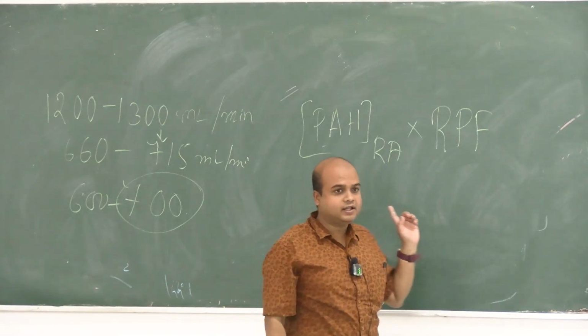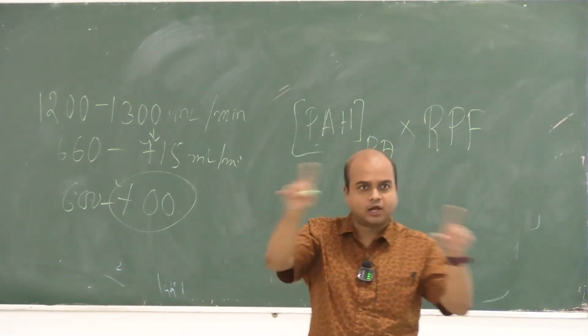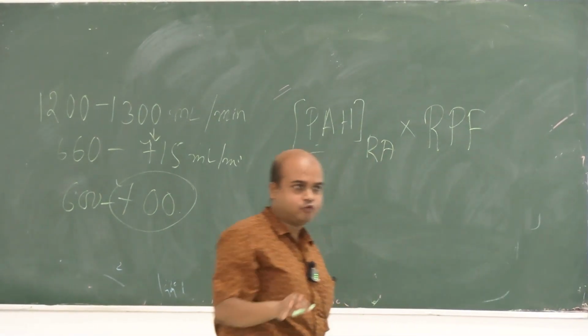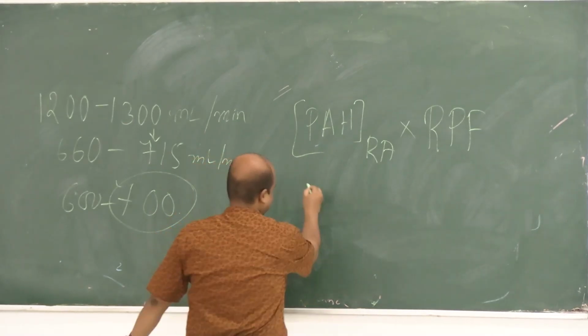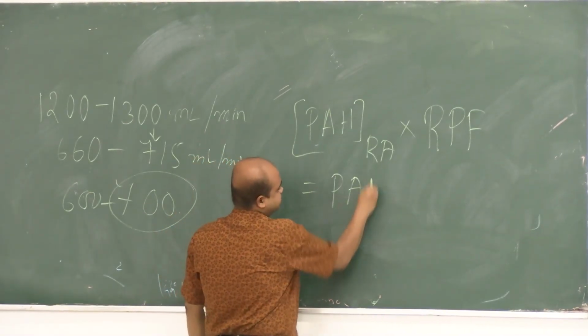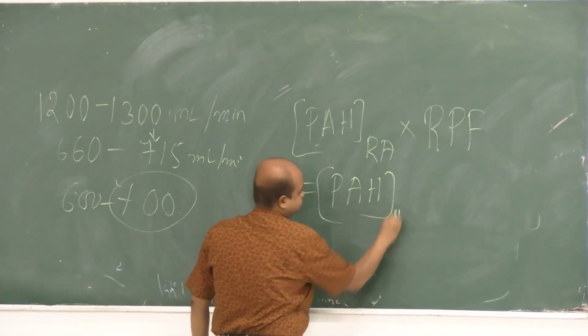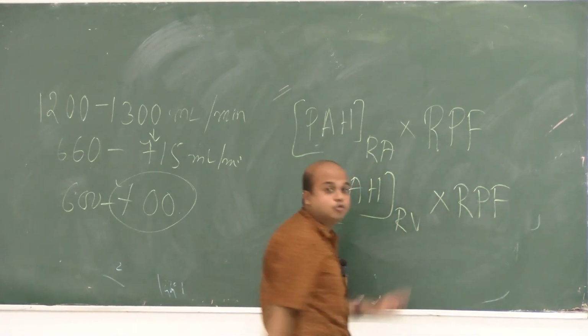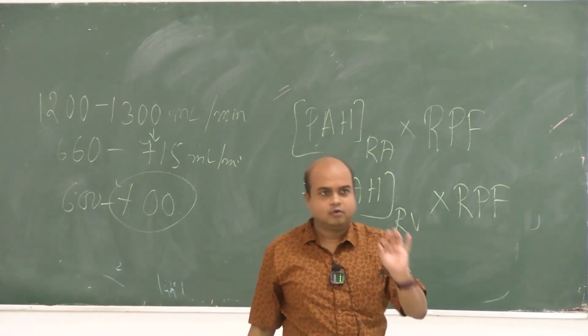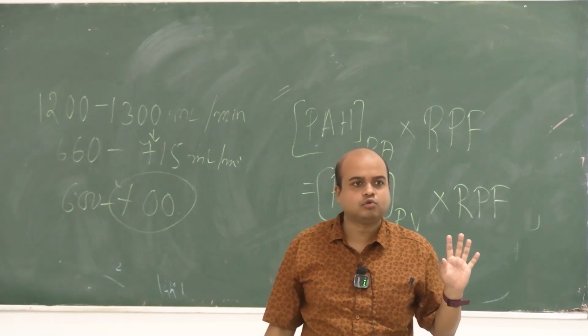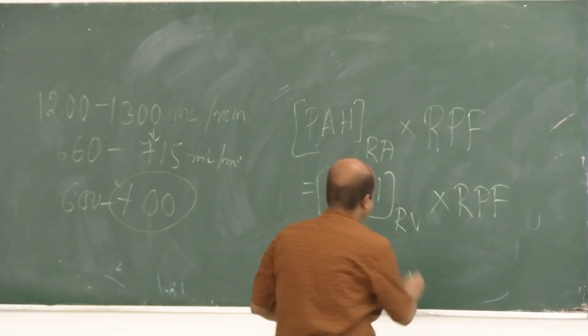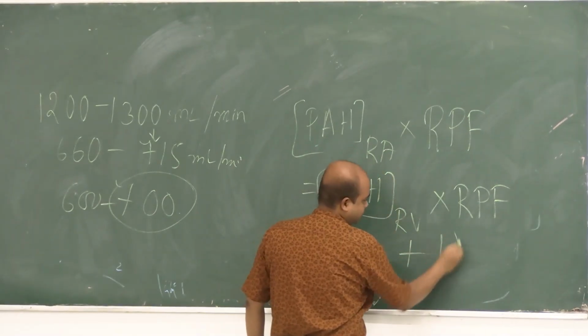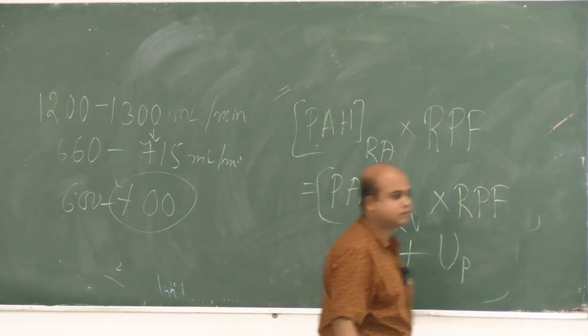Now here we are not taking the rate, there is no need. We are estimating total renal plasma flow. The amount is equal to the concentration of PAH into renal plasma flow. If something goes out through the vein, first let us consider something goes out through the vein, plus the urine.